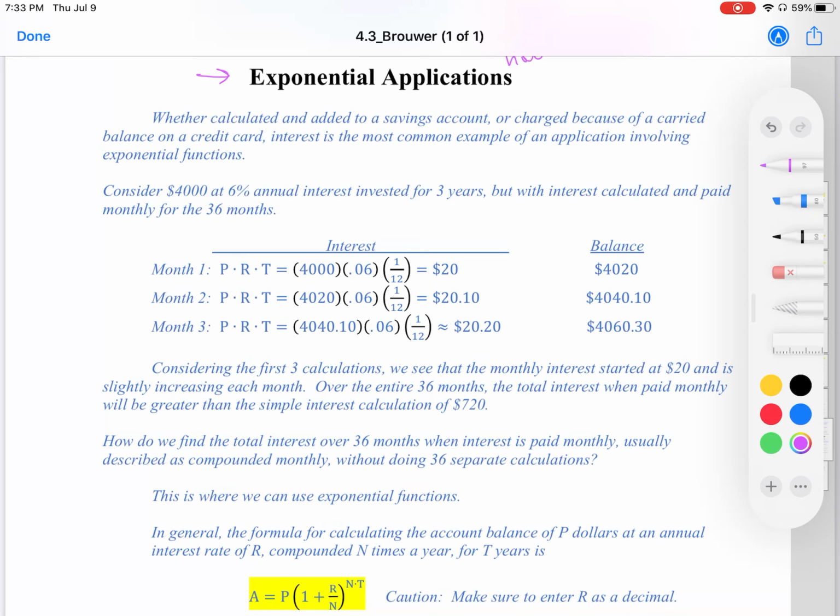All right, so let's start with month 1. Month 1, we have a formula P times R times T, where P is our principal, our starting amount, and R is our rate, which is your percent in decimal form, and T is time.